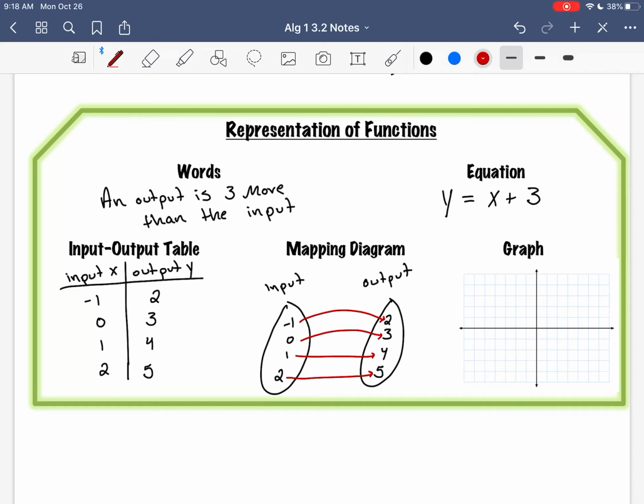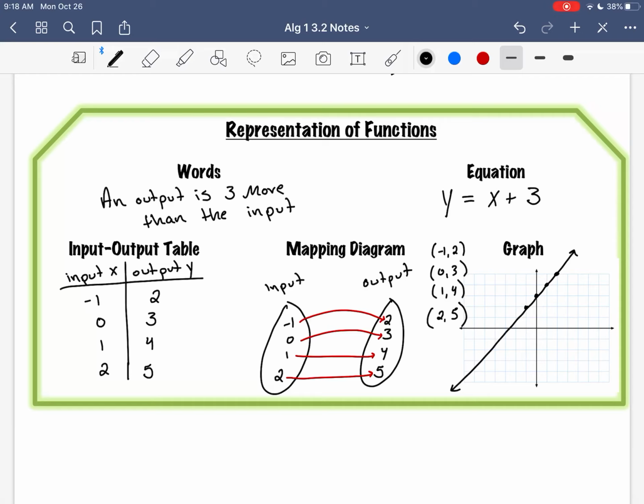But I also could graph these. I could think of all of these as ordered pairs. We have the ordered pairs -1, 2, 0, 3, 1, 4, 2, 5, and I could graph these. These aren't the only numbers that will work, and so actually it would be the line that connects them.